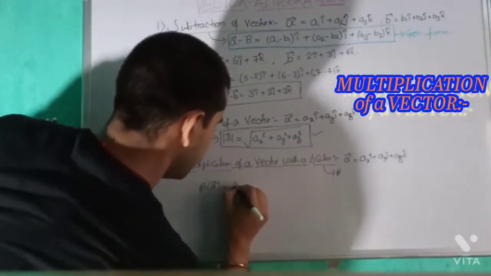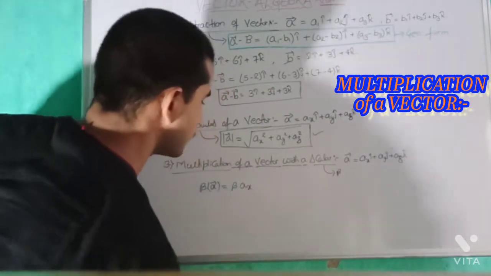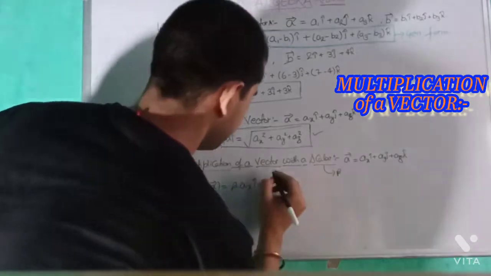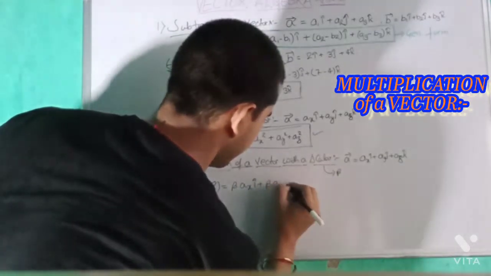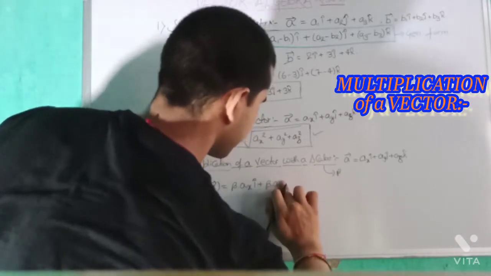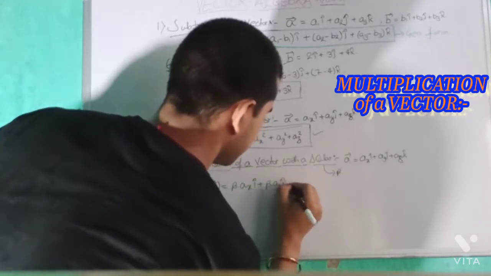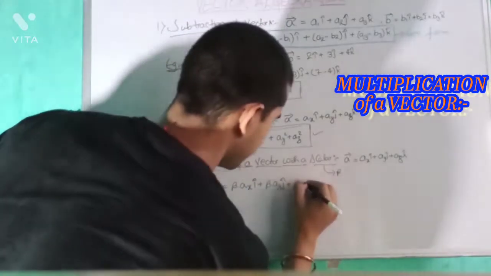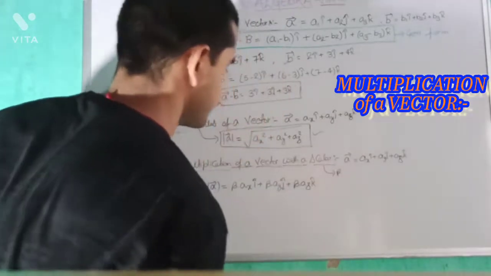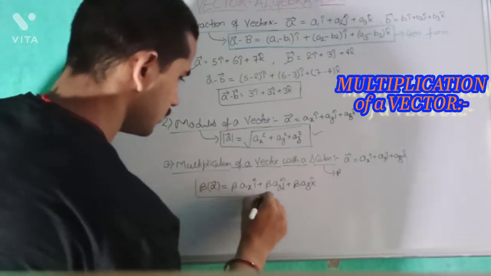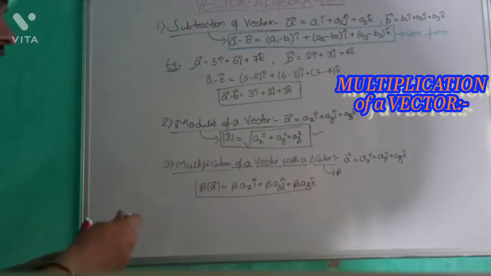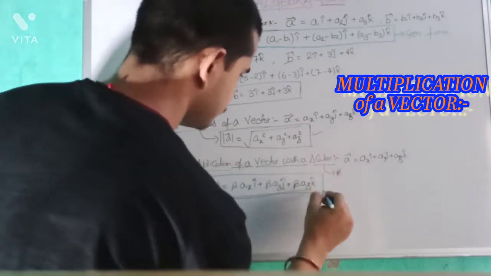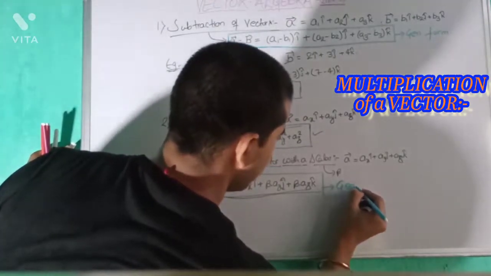That is beta into ax I cap in the direction of x, then beta into ay j cap in the direction of y, and then beta into az k cap in the direction of z. This is going to be the general form for the product of a vector with a scalar.